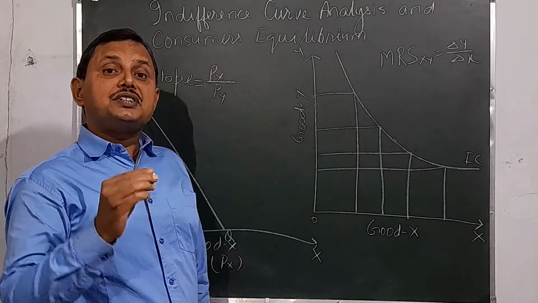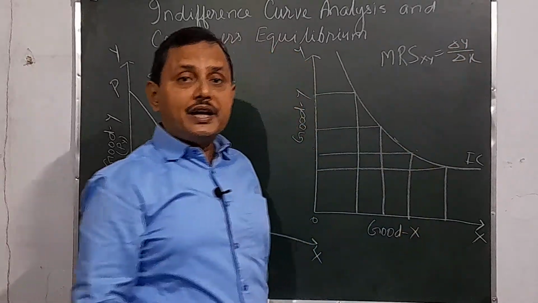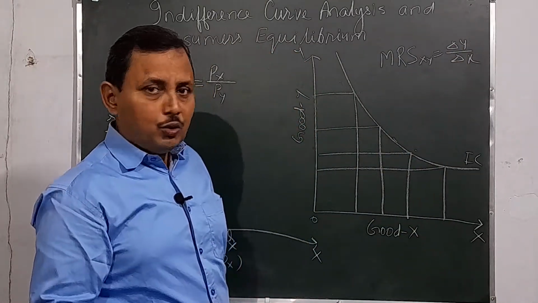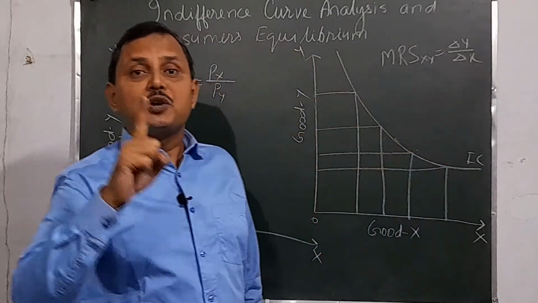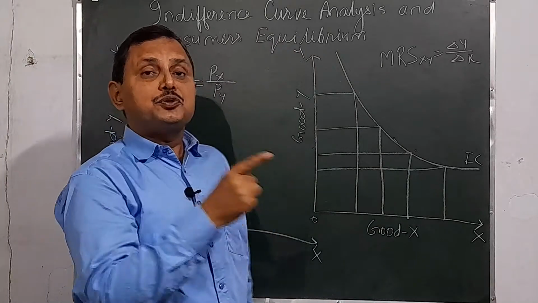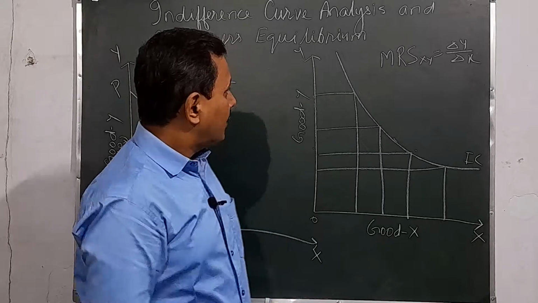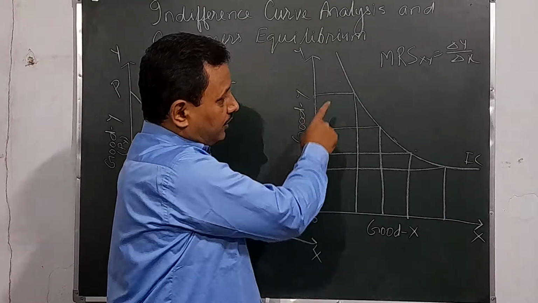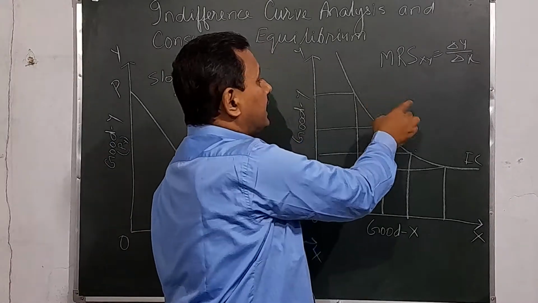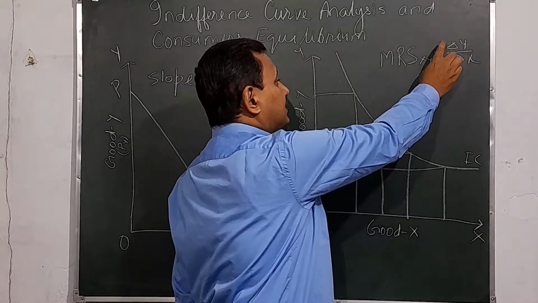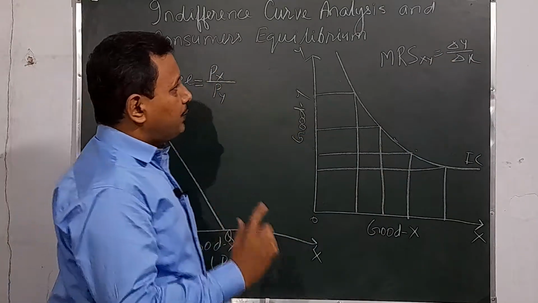The marginal rate of substitution is the rate at which the consumer is willing to sacrifice good Y for good X. If the consumer wants to increase the consumption of good X by 1 unit, the marginal rate of substitution shows how many units of good Y the consumer has to sacrifice. So at any point on this indifference curve, the marginal rate of substitution shows the rate at which the consumer is sacrificing good Y for good X. Clear?